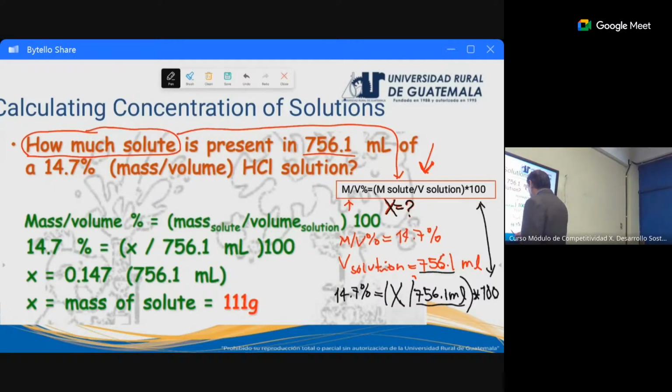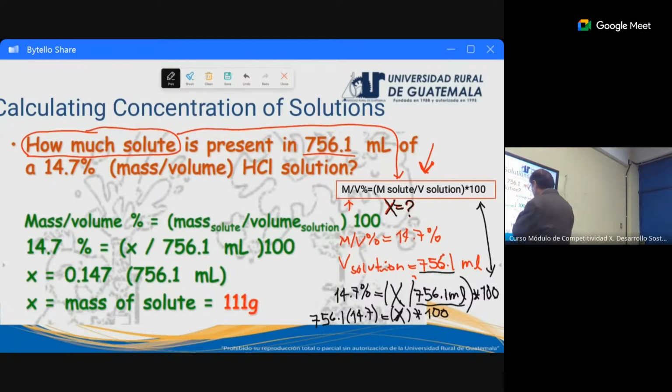So we will have 756.1 times the 14.7% here, and then it will be equal to x multiplied by 100.